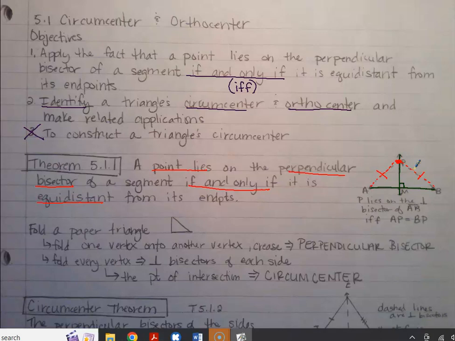Do we understand that though? So no matter if we put a different point, so let's say I put point Q here. What do I know about point Q?